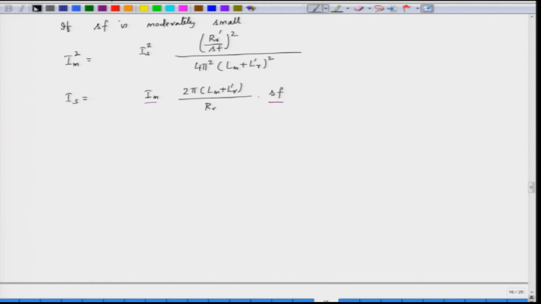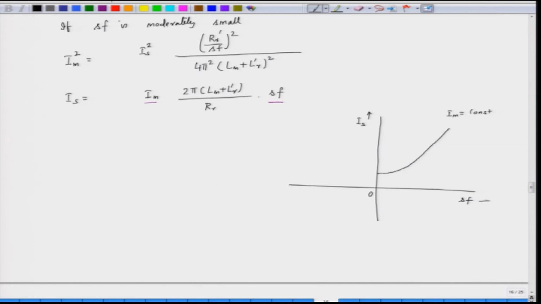If we draw the relationship between the slip frequency and the RMS value of the stator current, we find that if Sf is very small, Is is constant, and this is for Im kept constant. After that it is proportional to the slip frequency.